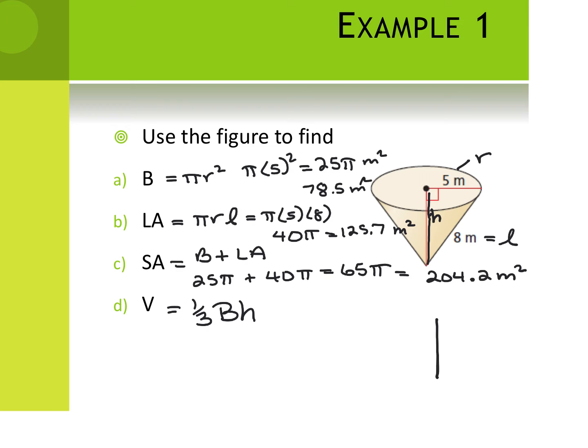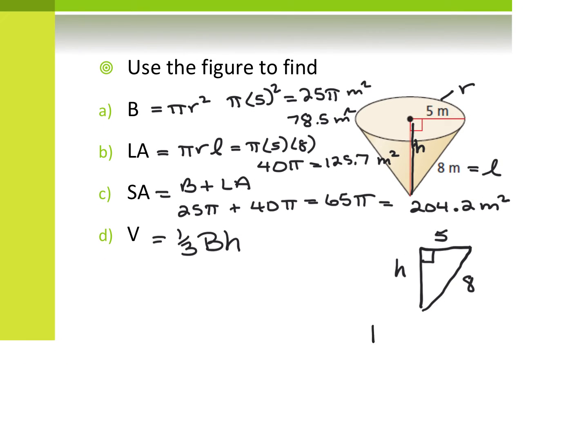So if I pull this little right triangle out of here, I know this leg is 5. I know this slant height is 8, which is my hypotenuse. And now I'm looking for the other leg, or the height. So I'm going to do h squared plus 5 squared equals 8 squared. h squared plus 25 equals 64.